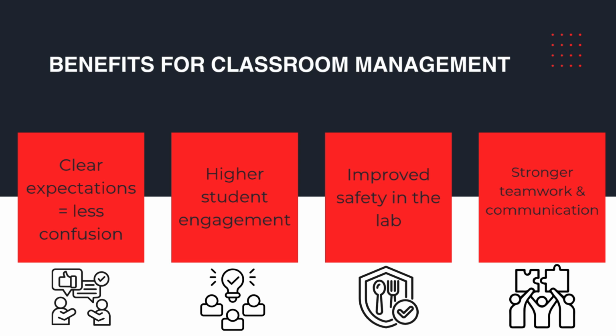Structuring grouping improves safety and also reduces off task behavior. Students are accountable for their specific roles, which encourages them to take ownership and contribute to the group's success. Since students rely on each other to complete the lab, they develop communication skills, teamwork, and respect, which fosters a sense of community.